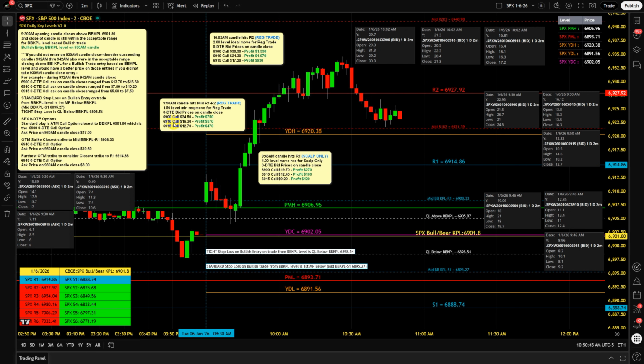Okay, so here we have the 9:50 a.m. candle that hits the mid R1, R2. As you can see, it also hit the YDH level. The YDH levels and these other levels here can also be waypoints for decisions on regular trades as well.